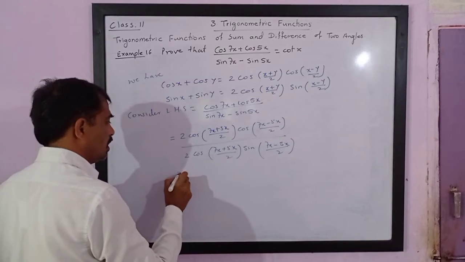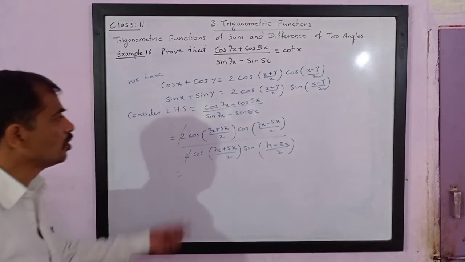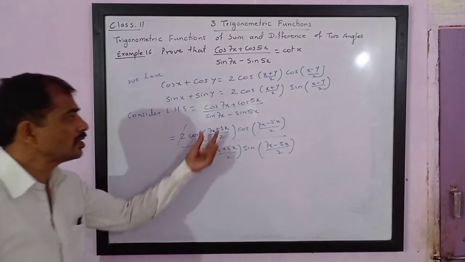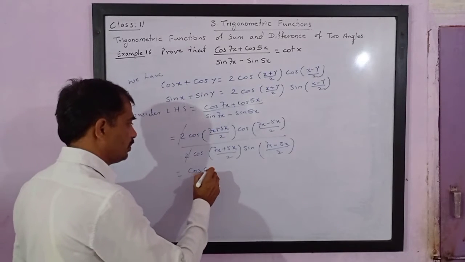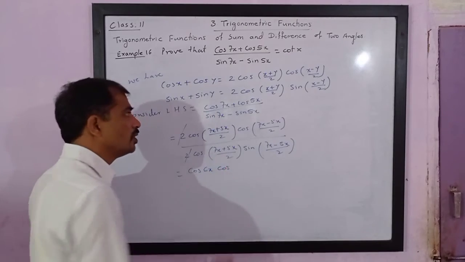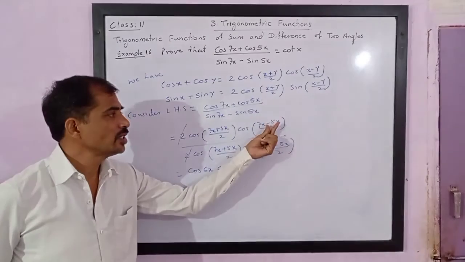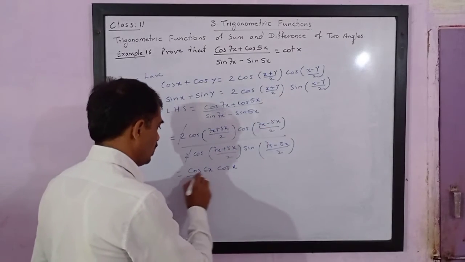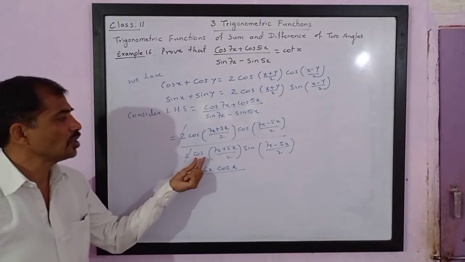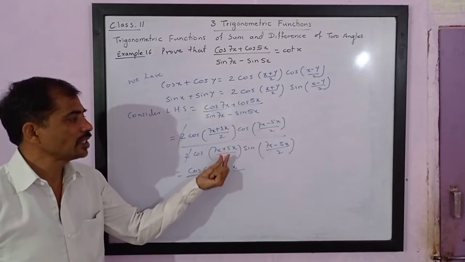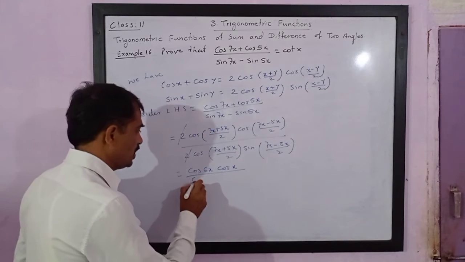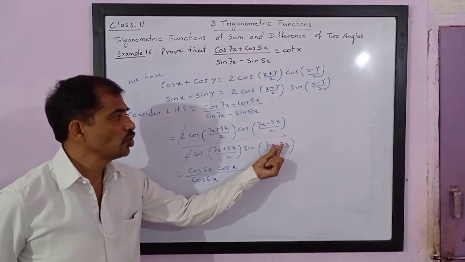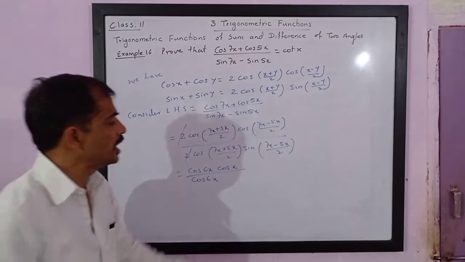So please note here 2 eliminates with 2. We have cos of 7x + 5x is 12x, 12x upon 2 is 6x, into cos of 7x - 5x is 2x, 2x upon 2 gives cos x, upon at the denominator again cos of 12x upon 2, cos 6x, into sin of 2x upon 2, so we will get sin x.